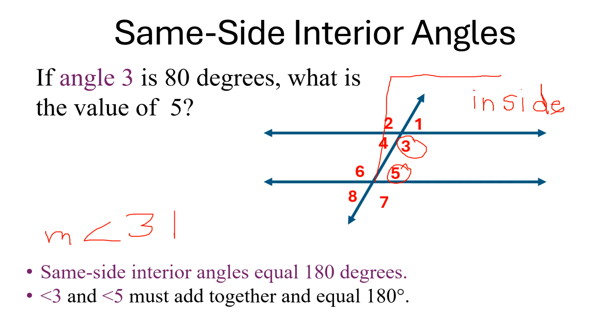So measure of angle 3 plus measure of angle 5 has to equal 180 degrees. And they already gave you the measure of this. So angle 3 is 80. So this has to be 100 to equal 180.